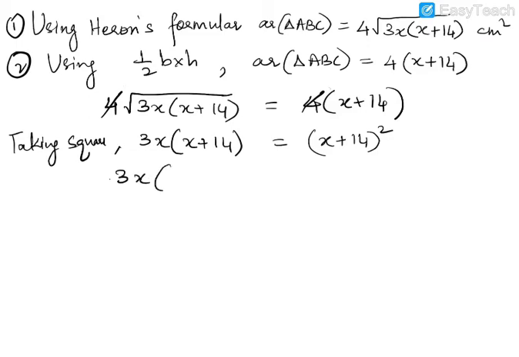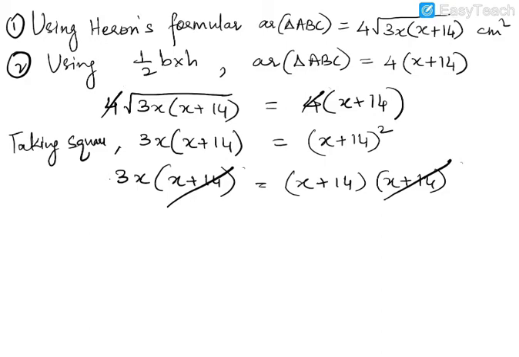So 3x into x plus 14 is equal to x plus 14 into x plus 14. We can divide both sides by x plus 14. So we get 3x equal to x plus 14. That is 2x equal to 14, or x is equal to 7.